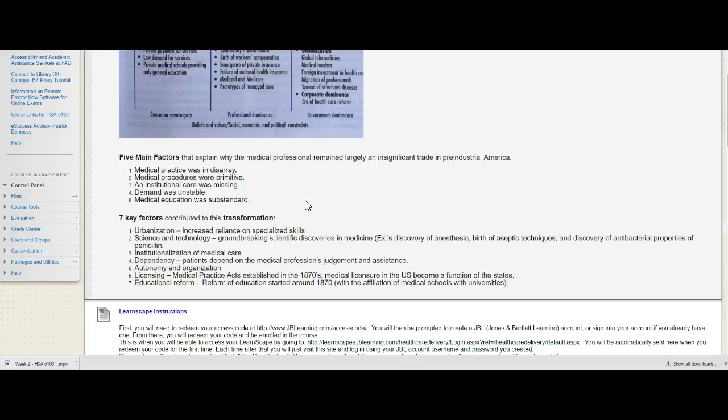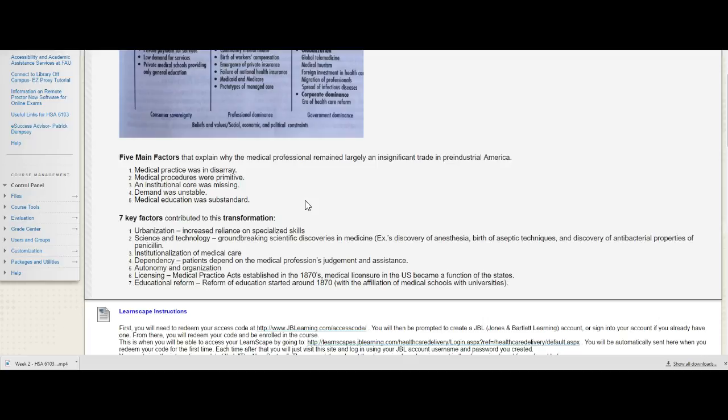Urban development attracted more and more Americans to the growing towns and cities. Really, it had a lot to do with finding work. So physicians moved to cities and towns in large numbers to be closer to this growing market. Then we had science and technology. So this is where we look at groundbreaking scientific discoveries.